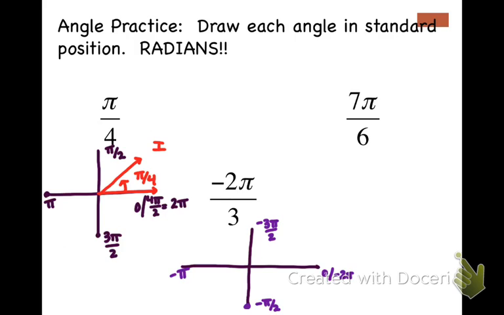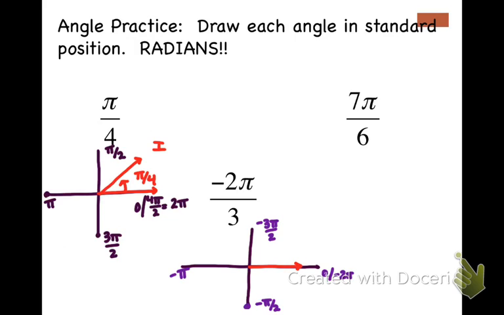Okay. So we want to draw in this negative 2 pi over 3. So we need to figure out where that fits. And so we can kind of ignore the negative for a second and just think about 2/3 pi. I've got negative 1/2 pi down at the bottom, and then negative pi on the left, the westernmost side, and negative 3/2 pi over at the top.